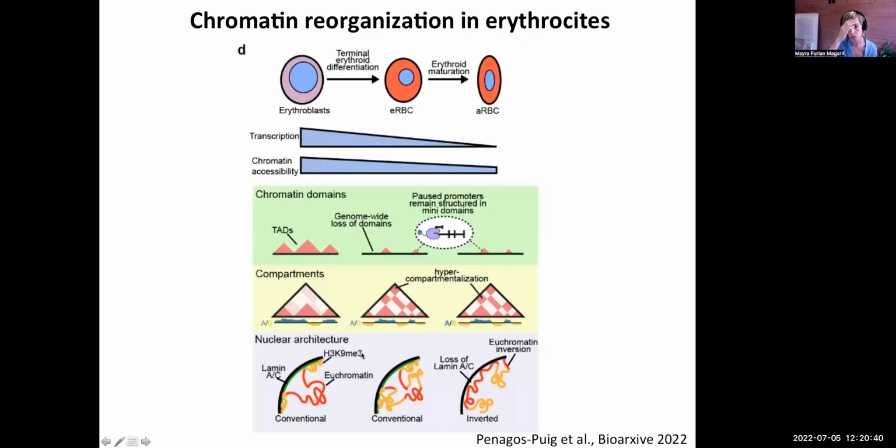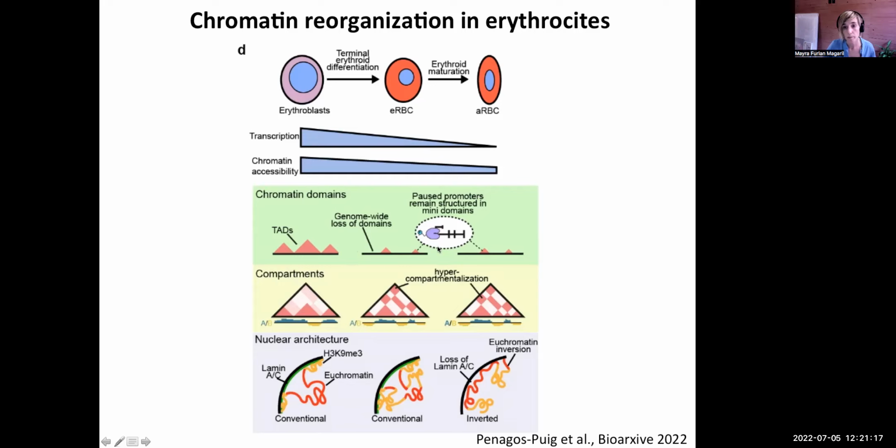So just to finish, I've shown you that from the erythroblast to the embryonic and the adult red blood cells, there is quite a decrease in transcription, but certain genes are still being transcribed, and that chromatin accessibility is also decreased, but there are still regions that are accessible and important in these genomes, and that at the level of chromatin domains, there is a loss of these structures.